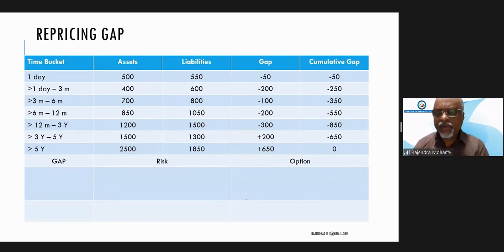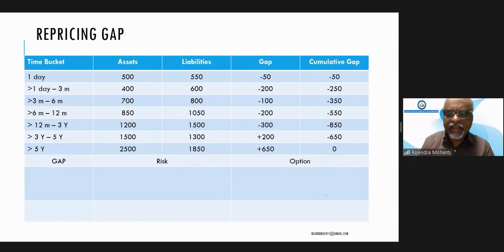Okay. So if you take into consideration the cumulative gap of 1 year, so the 1 year period is the short term period. What is the position? We have a negative gap of 550. In such cases, with a negative gap in the short term period, you take the cumulative gap.